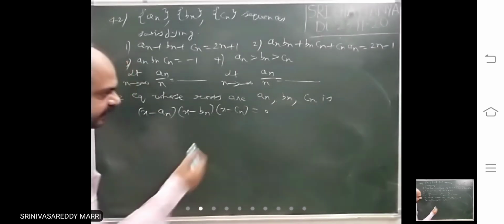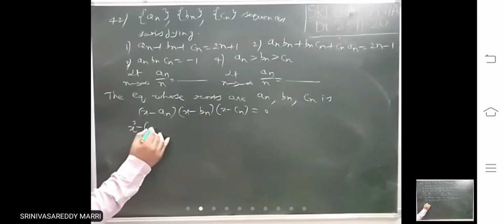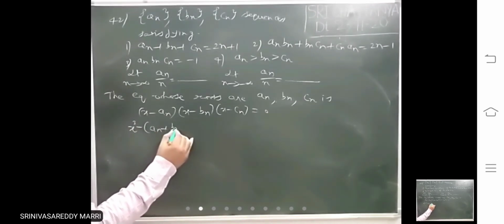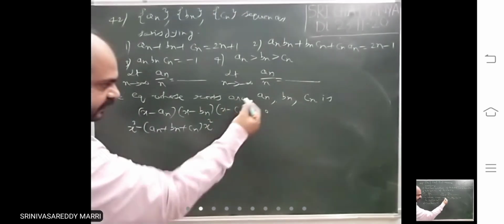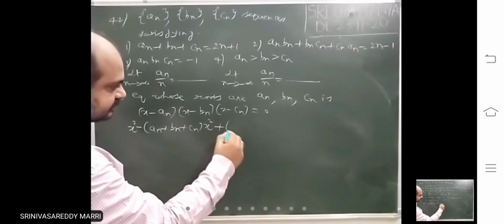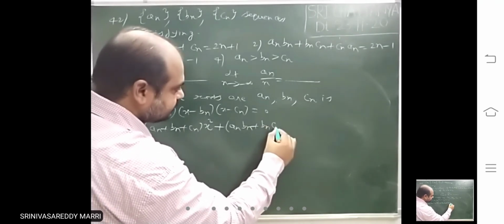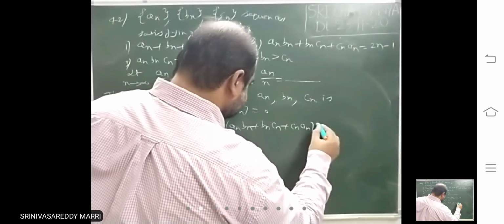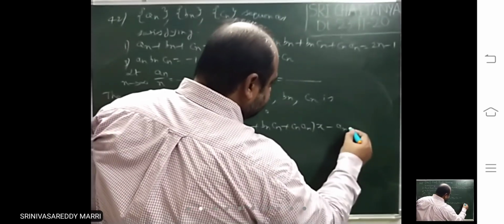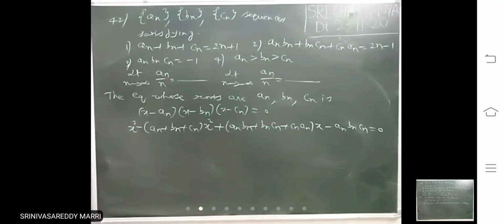Now you multiply this, and you will get x cube minus of (a_n plus b_n plus c_n) into x square, plus (a_n b_n plus b_n c_n plus c_n a_n) into x, and next the constant term, equal to 0.